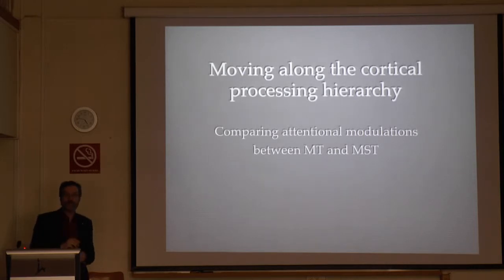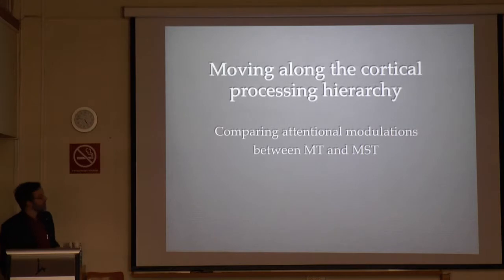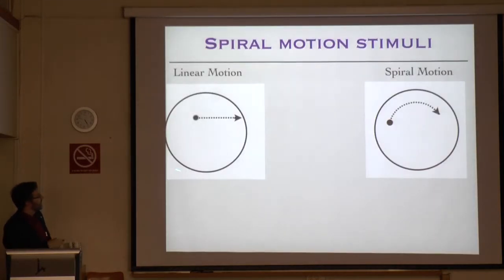And I have to briefly introduce something to you, which is an optimal stimulus for a typical MST neuron. The optimal stimulus for an MT neuron you already know. It's a linear motion stimulus. We can represent it like this. The optimal stimulus for many MST neurons is called spiral motion, and it's a rotating or expanding or contracting dot pattern.